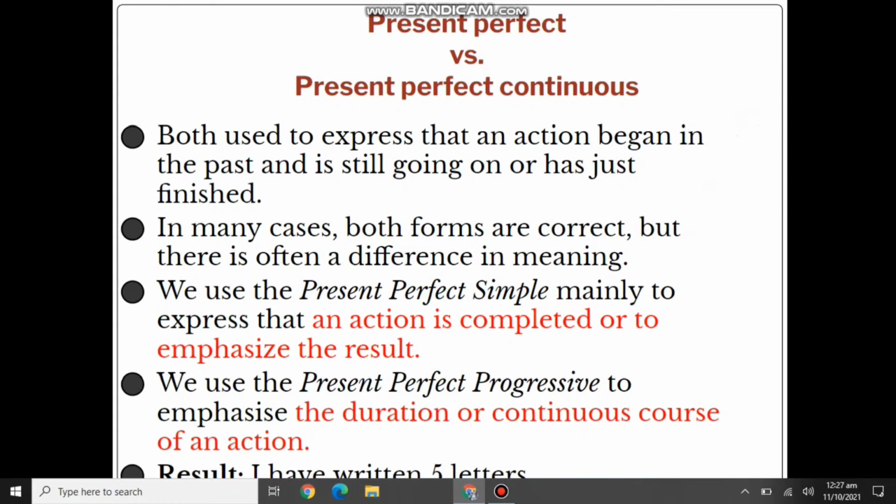Now there is a difference between present perfect and present perfect continuous tense. Both are used to express that an action began in the past and is still going on or has just finished. In many cases both forms are correct, but there is often a difference in meaning. We use the present perfect simple mainly to express that an action is completed or to emphasize the result, and we use the present perfect progressive to emphasize the duration or continuous course of an action.